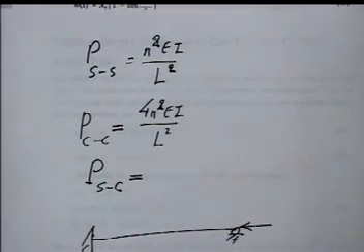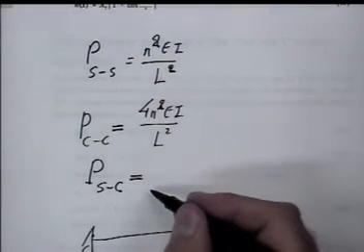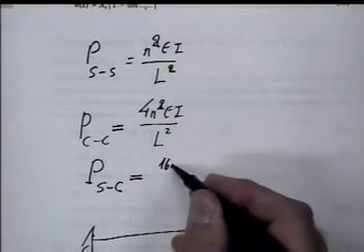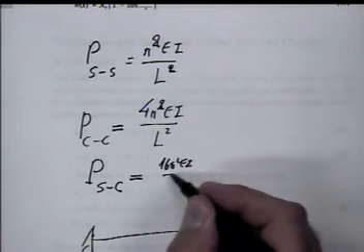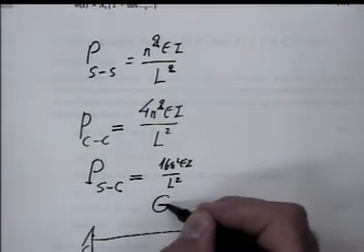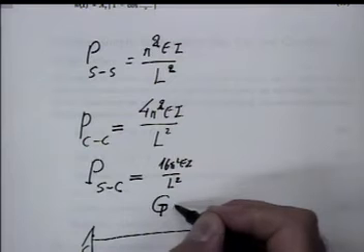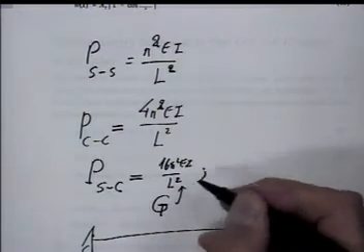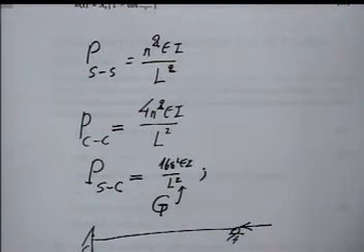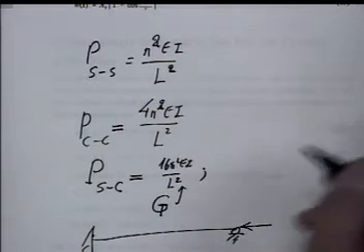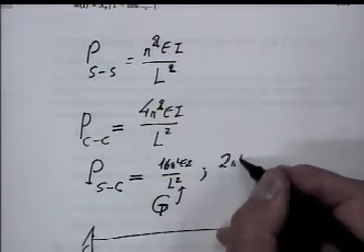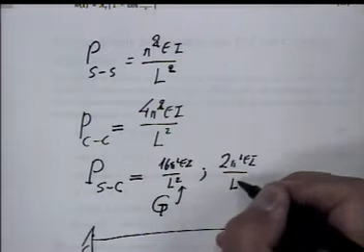Okay, let me write it down because I must give credit. So 16 pi square EI over L square. That is a suggestion by Mr. Gomez. What else? 2 pi square EI over L square.